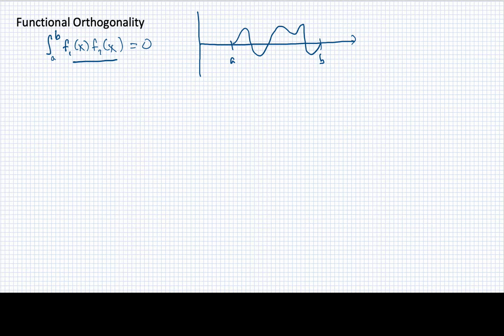But the whole idea is that all of the parts of this function that lie above the axis will contribute a positive contribution to the total area, and all of the parts of the function that are below the axis will contribute a negative. So if the total sum of the negative areas is equal to the total sum of the positive areas, that's when this overlap, this function integral, is going to vanish.